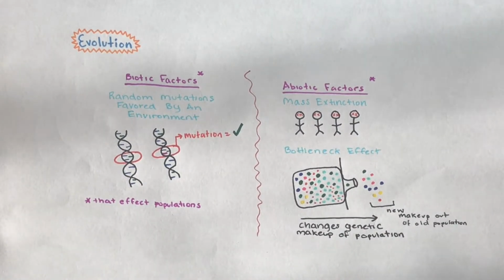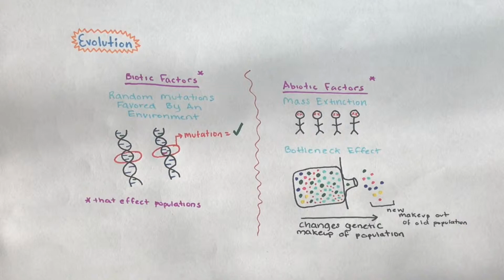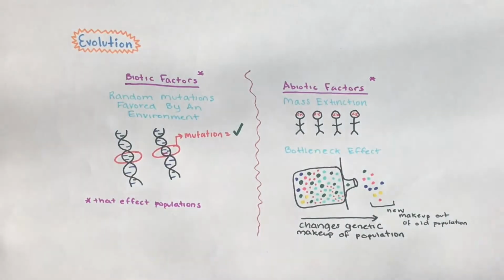Some abiotic factors include mass extinction, so getting rid of a species might throw off an ecosystem, etc. And then the bottleneck effect, which is when the makeup of the population is changed because you're cutting off a certain part randomly. So the individuals in that random group could be very different from the original makeup of the population.